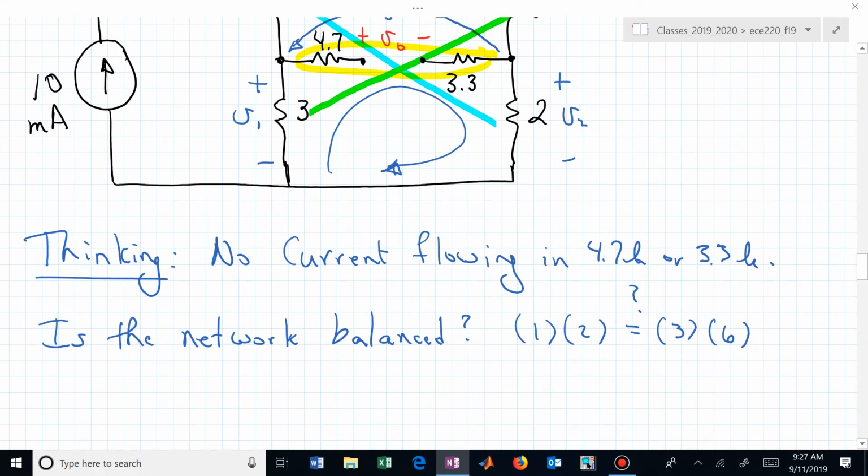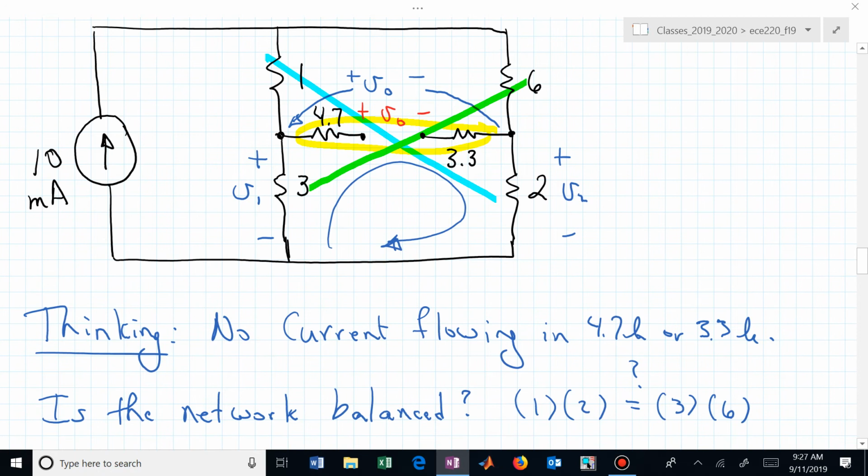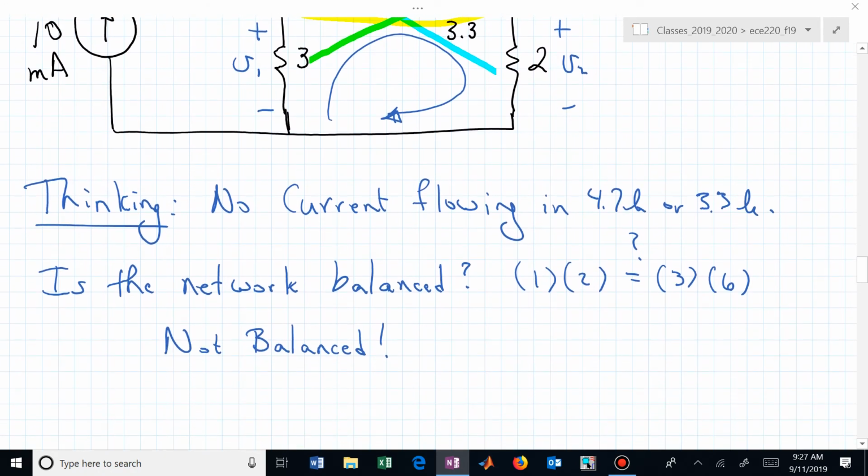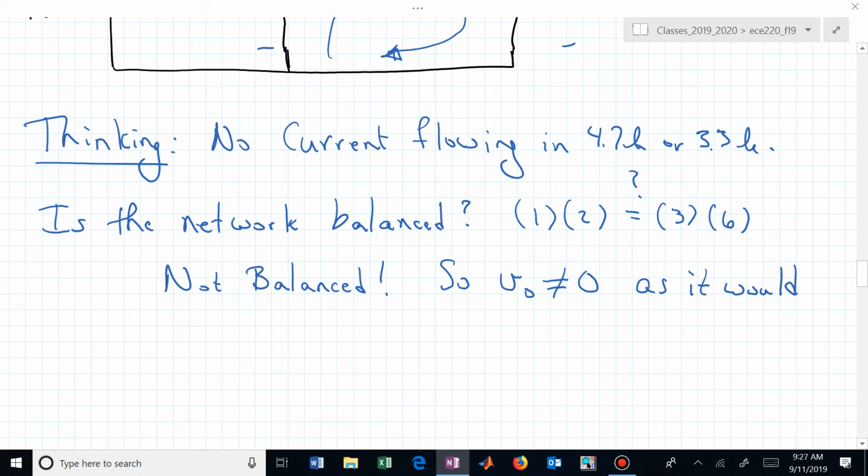So we can't immediately conclude that V sub 0 is 0. Maybe I should say it another way.